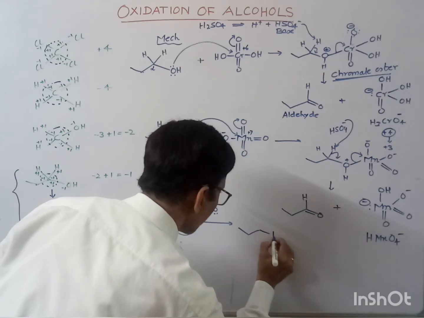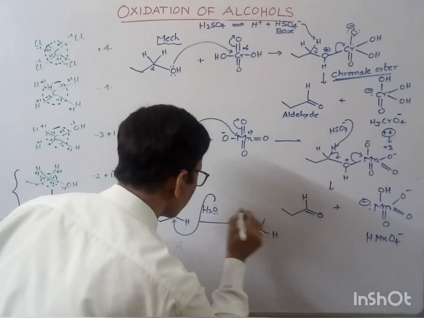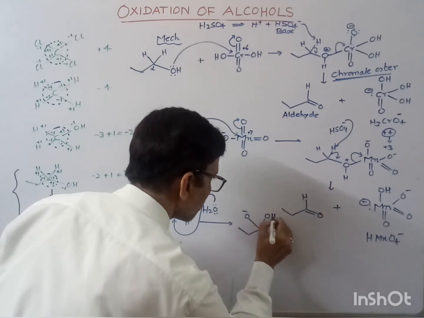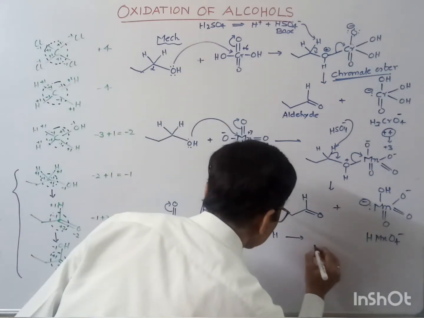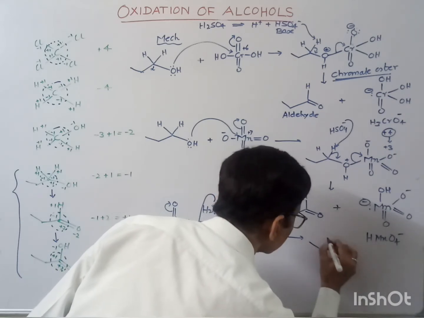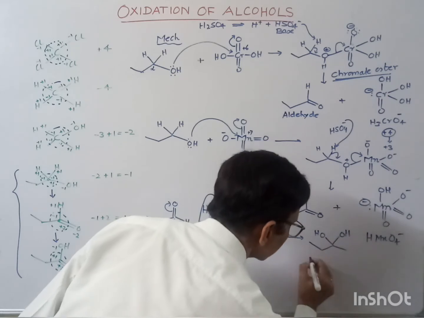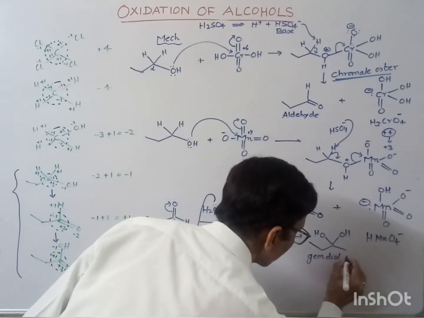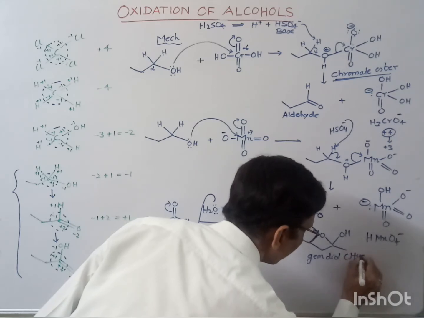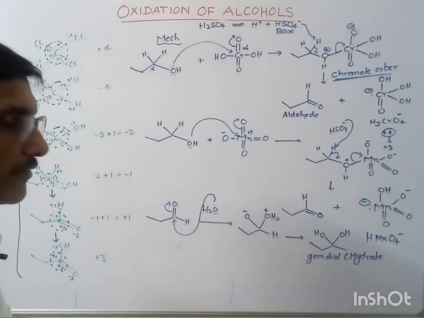This will give here one of this O minus, and so finally this gives gem diol. So it gives the gem diol, or we can say it is also called the hydrate. This is also called the hydrate.